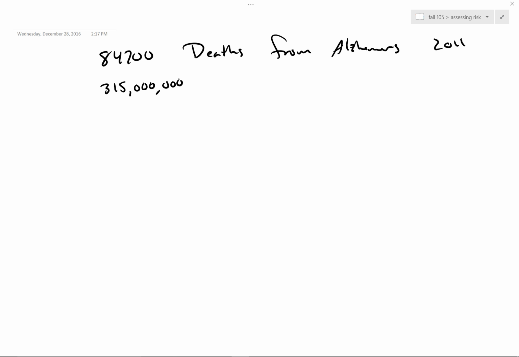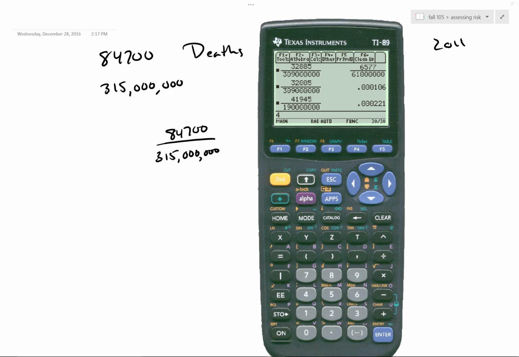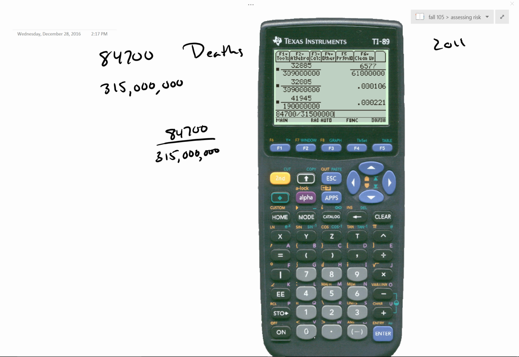So give me a rate that actually makes sense. 84,700 divided by this. Let's reduce it down to where it makes sense to us. So I divide it off. That part's pretty straightforward. All right, right there. So 0.000269.